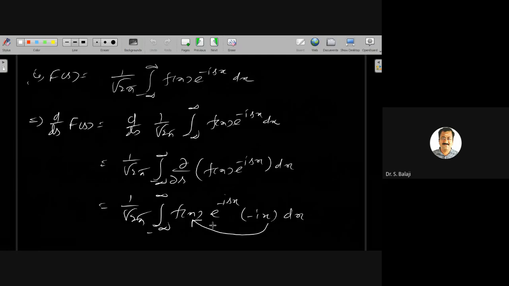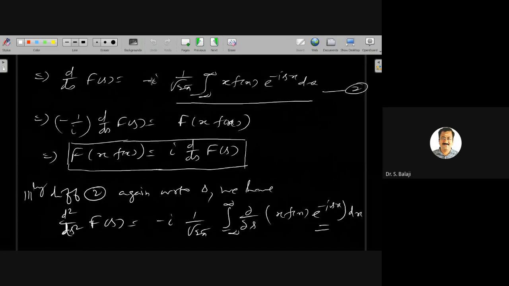Now you can club this x with f of x and take minus I outside: minus I by root of 2 pi, minus infinity to infinity, x f of x e power minus I s x. Please take it as equation number 2 because we need further differentiation. So keep this relation as it is.